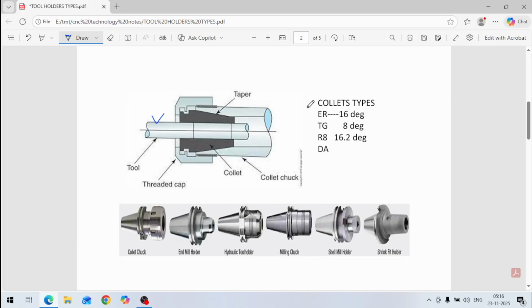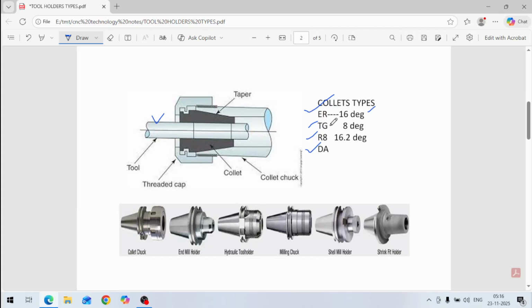There are 3-4 types of collets: ER collet, TG collet, R8 collet and DA collet. Generally these are 4 types of collets. This angle of the collet, for ER collets, is approximately 16 degrees.